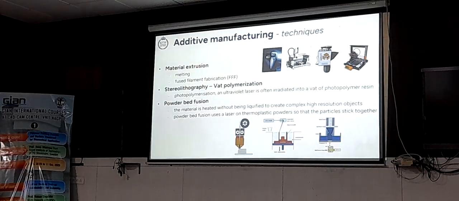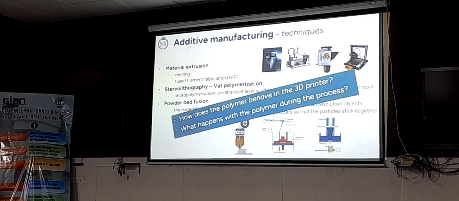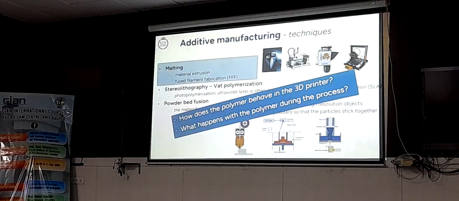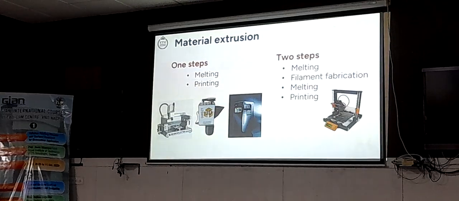And just within that area, you have different kinds of techniques as well. I will show you a little bit about the stereolithography and the powder bed fusion. And the focus will be then to understand how the polymer behaves in the 3D printer and what happens during the process. So let's start with the melting and material extrusion.